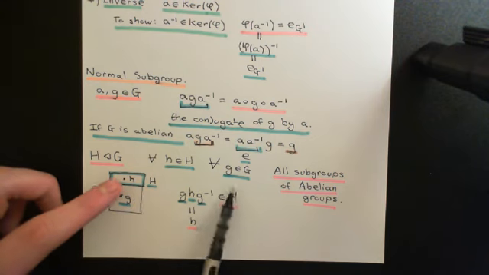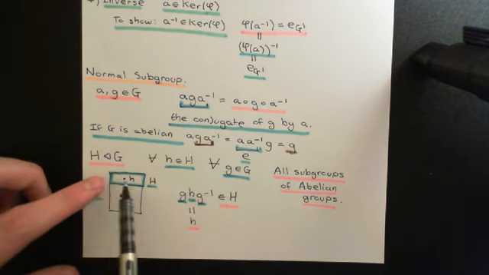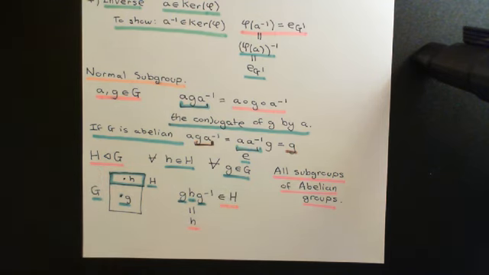It just has to end up as another element in capital H, so it could end up as a different element in capital H. That's an important point to note: this definition doesn't say that g h g inverse has to equal little h, it says it has to equal an element in capital H. So it doesn't necessarily take it to the same element as it was originally, it takes it to another element of the subgroup.